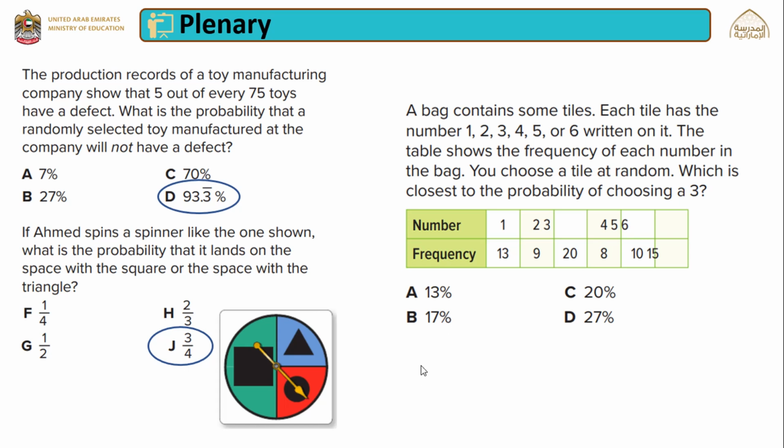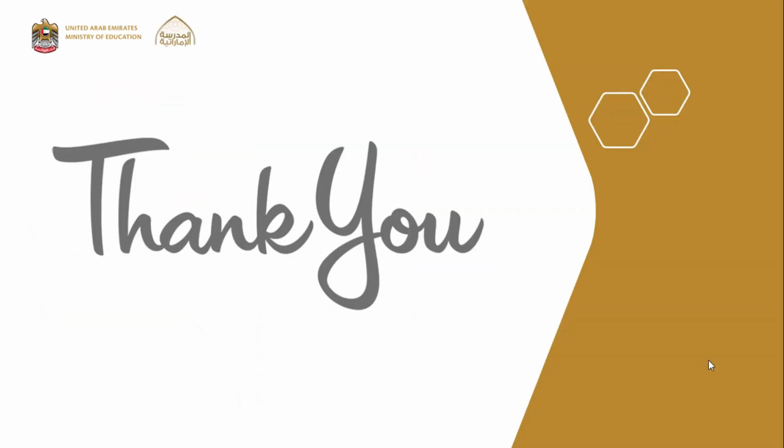The numbers are 1, 2, 3, 4, 5, 6, and the frequencies correspond to 1 is 13, 2 is 9, 3 is 20, 4 is 8, 5 is 10, and 6 is 15. The probability of choosing 3 is 20 out of the total: 20 divided by 13 plus 9 plus 20 plus 8 plus 10 plus 15. So the answer is 27%.